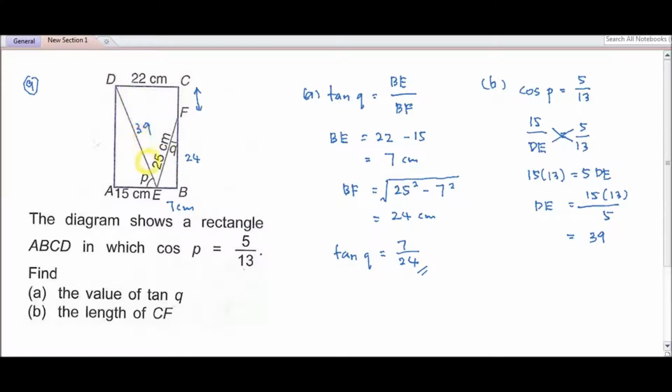Here 39, you can get the AD, right? So AD will be equal to the square root of 39 squared minus 15 squared. Why do I need to find AD? Because AD is equal to this. Once I have the length of here and minus 24, then I will be able to get CF.